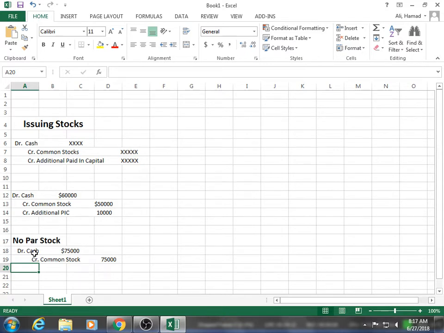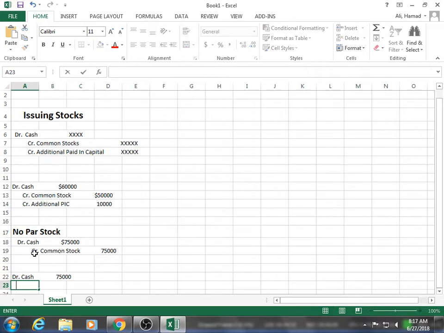So we're going to debit cash for still $75,000. And we're going to credit what? Common stock.